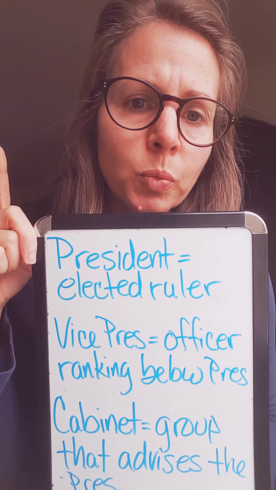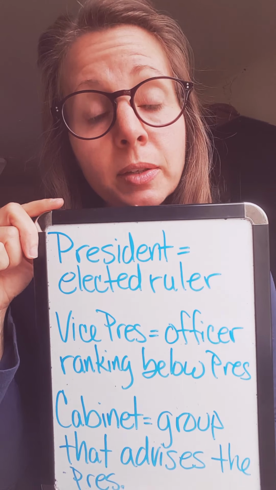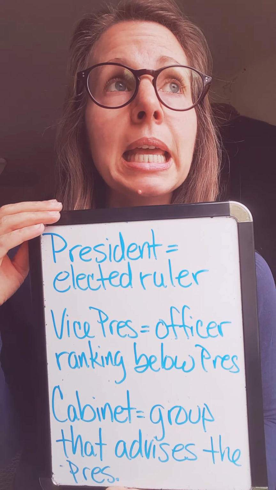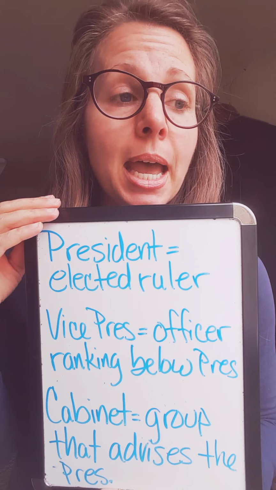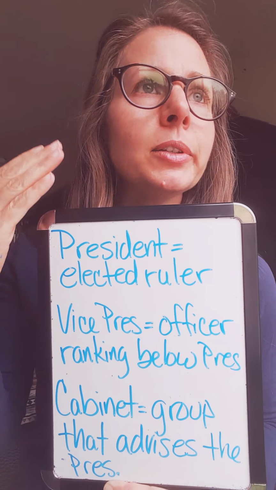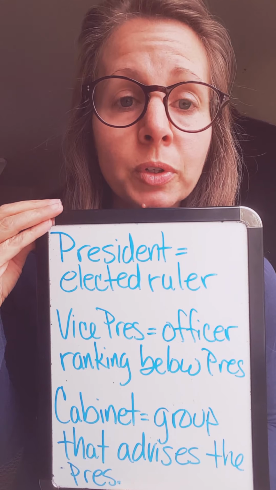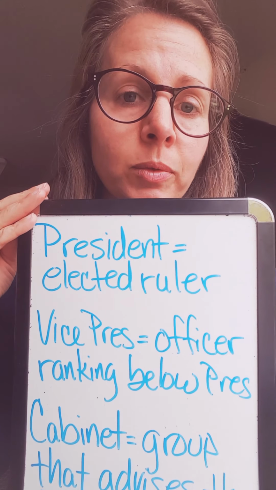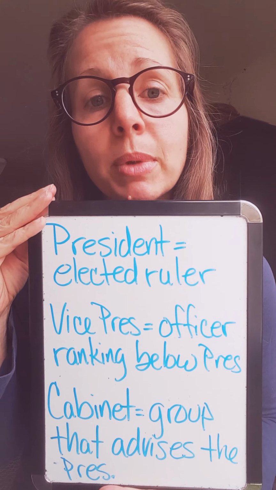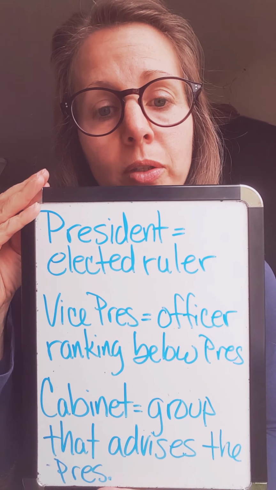The president is just one person and can't know everything, so they put together a cabinet of experts so that they can go to them and say, hey, what's the data on this situation? And then the cabinet members prepare talks and information for the president so that he or she can make better choices and decisions, okay?